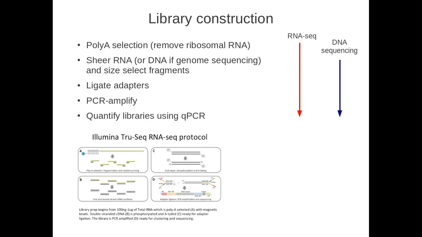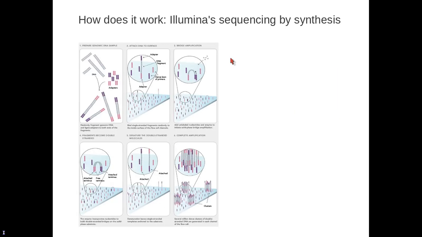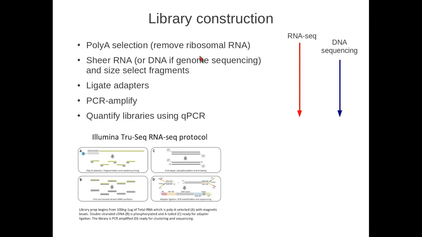So one of the challenges in getting good RNA-seq data is to remove the ribosomal RNA from the sample prior to sequencing, so that you don't waste all of your sequencing dollars sequencing ribosomal RNA. This is done oftentimes by poly-A selection.